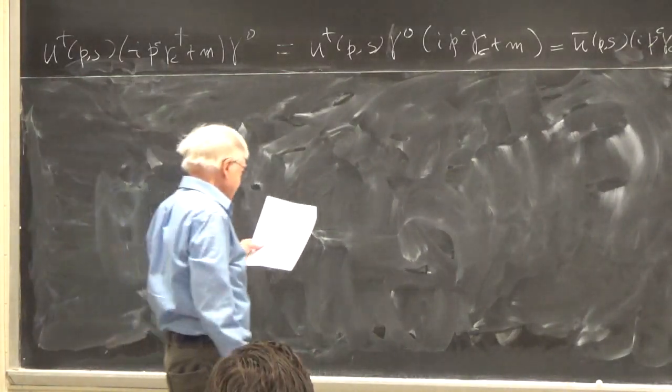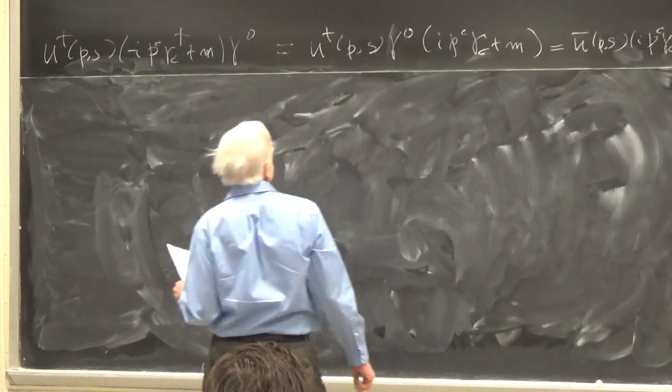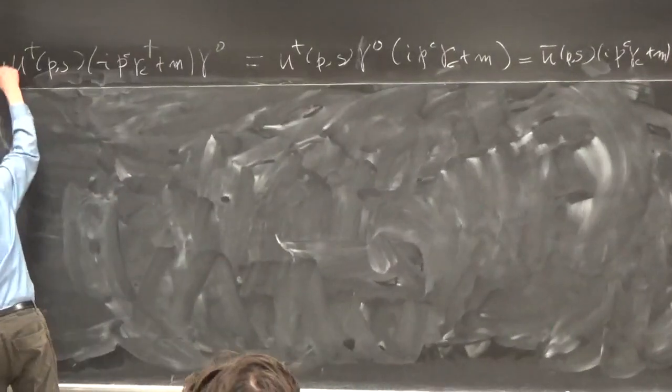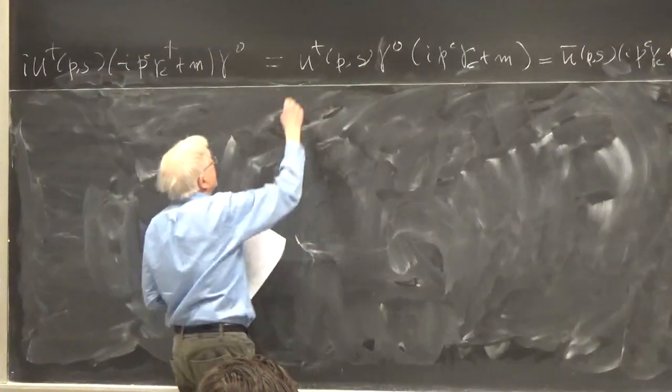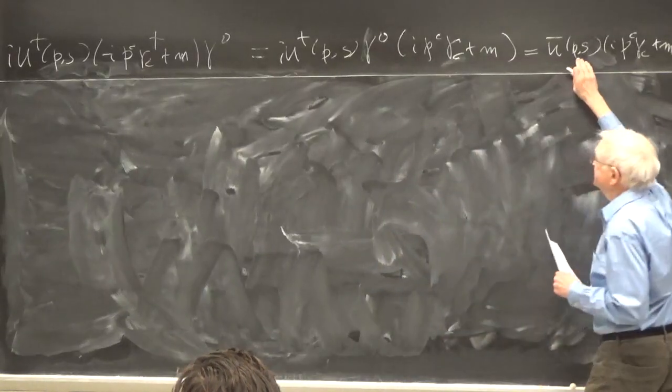In fact, there's a typo here, I slipped in an extra i. All right, let me throw in an i. So i gamma 0 is beta, so there's the beta.